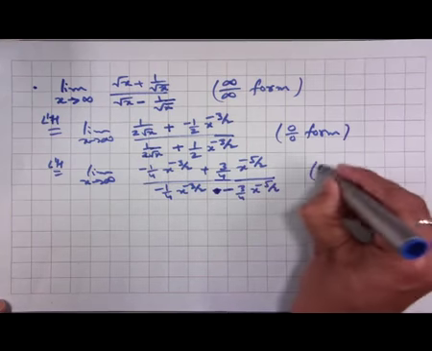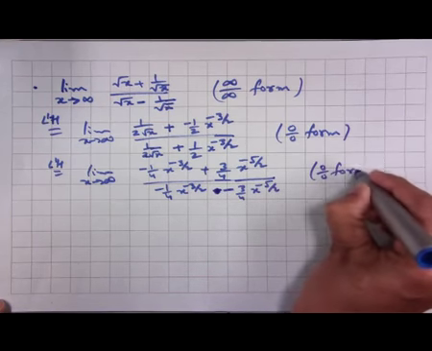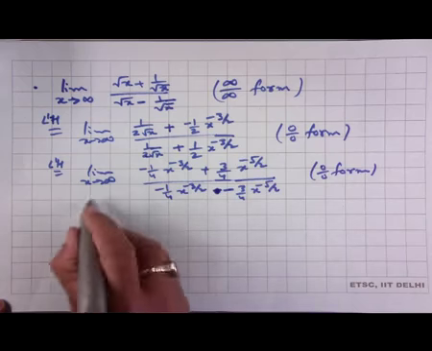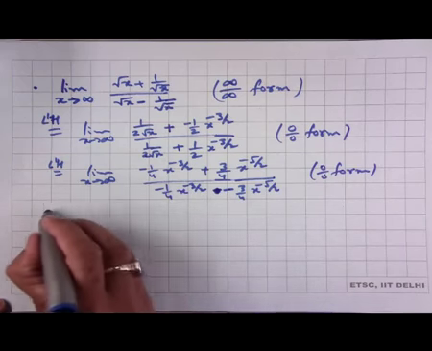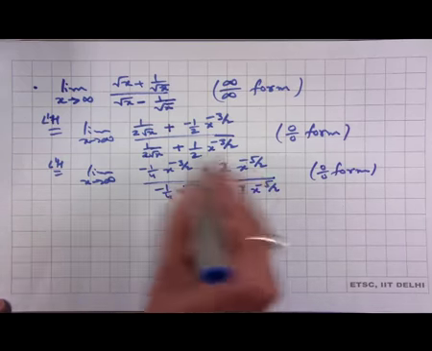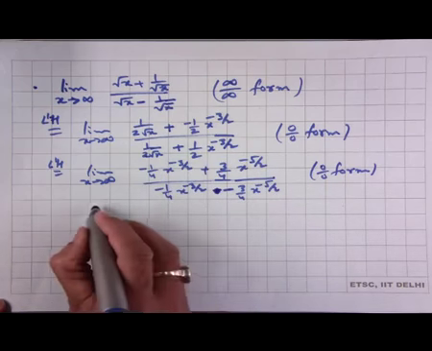This is again 0 by 0 form. So applying L'Hopital rule makes this expression more and more complicated.